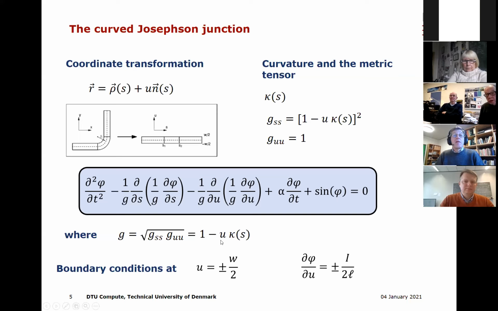You see 1 minus u, and then the curvature of S. The curvature on the straight lines is 0, so then g is just 1, and we have the original sine-Gordon equation. And in the curved region, kappa is actually 1 over the curvature radius R, if it's a circular arc, times u. The boundary condition also becomes a little bit easier, because the derivative with respect to u is proportional to the current.